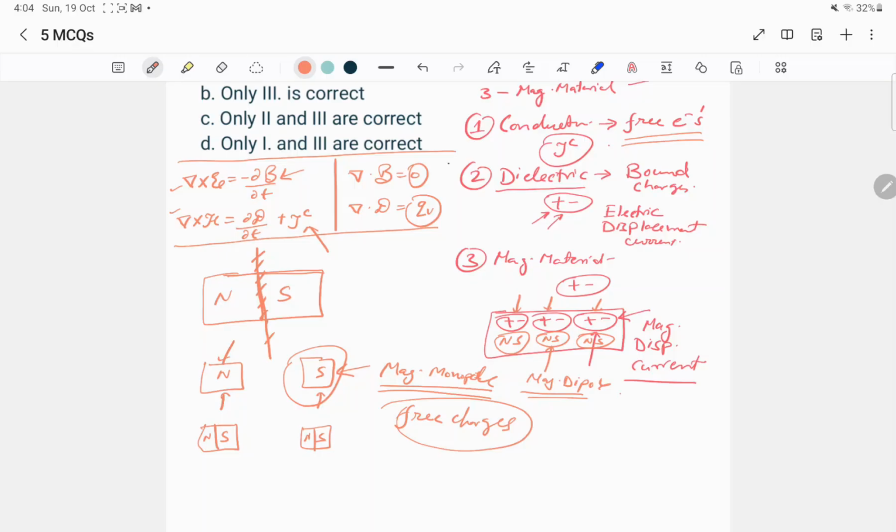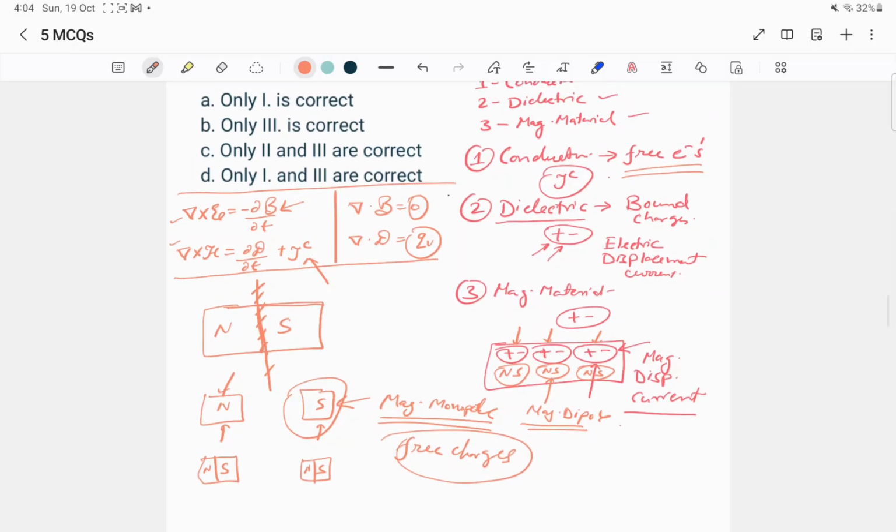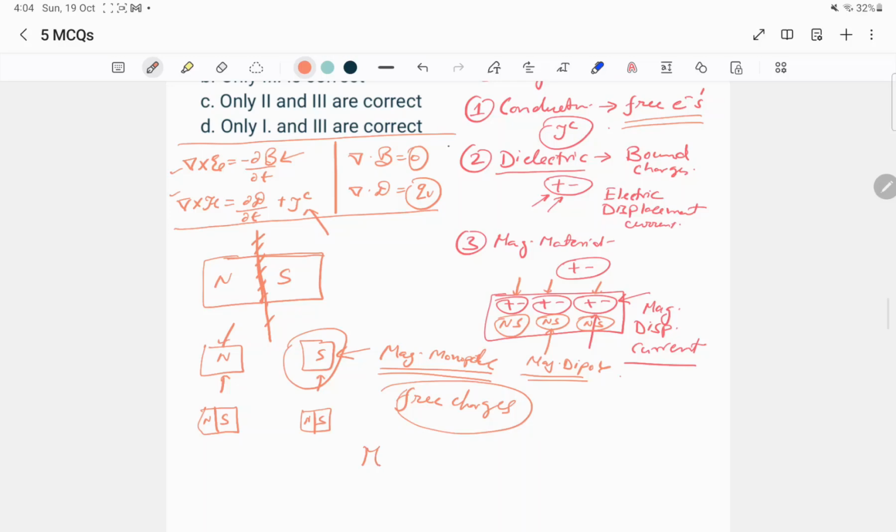You cannot have that situation. Because of this reason, the magnetic conduction current M superscript C is an impossible case. This is not possible in case of a magnet. That is why here M subscript C is not present.